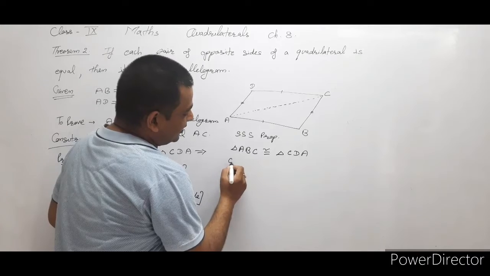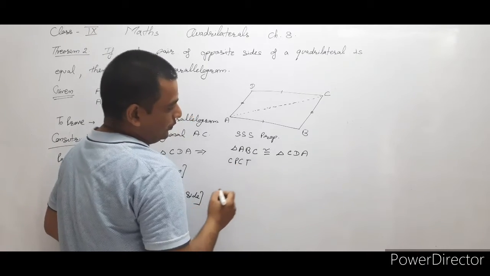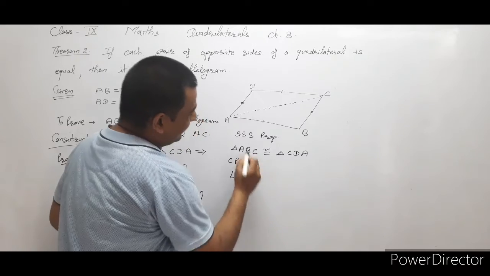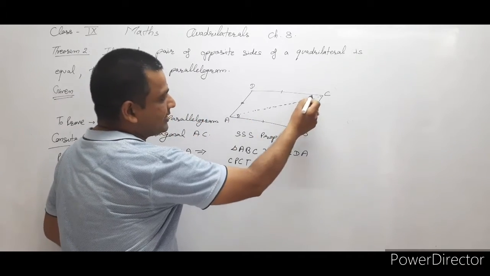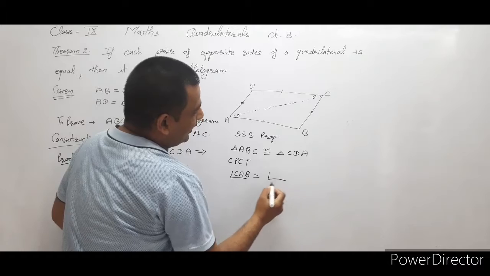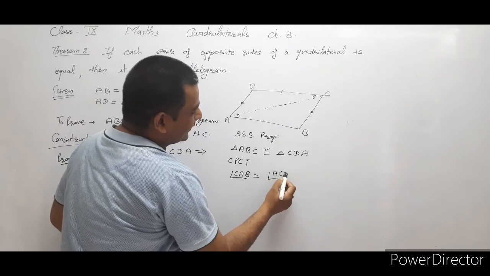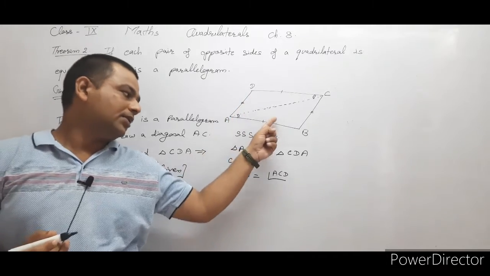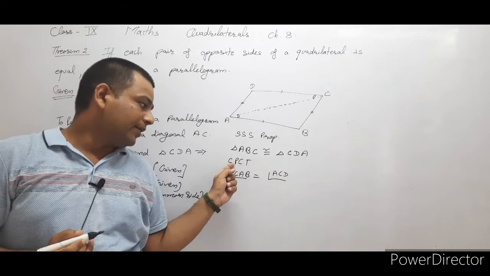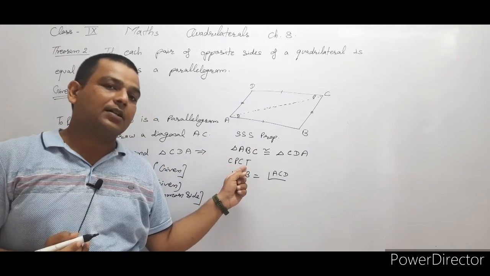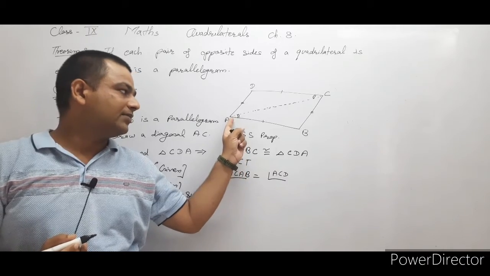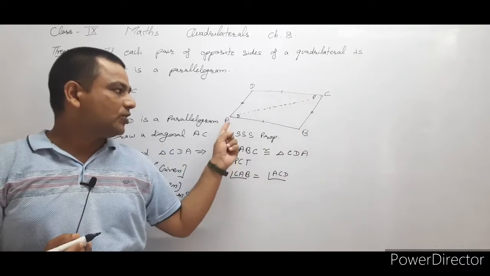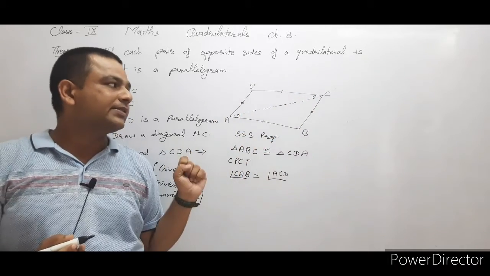And by CPCT, we can write that angle CAB equals angle ACD. These two triangles are congruent, then corresponding parts of congruent triangles are also equal. Corresponding part, angle BAC equals angle ACD.